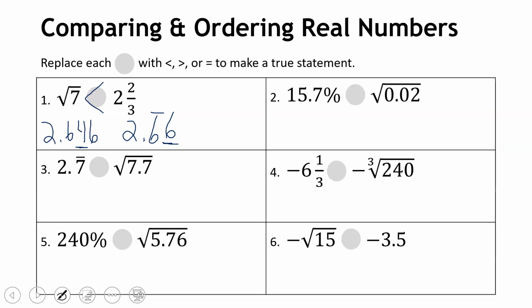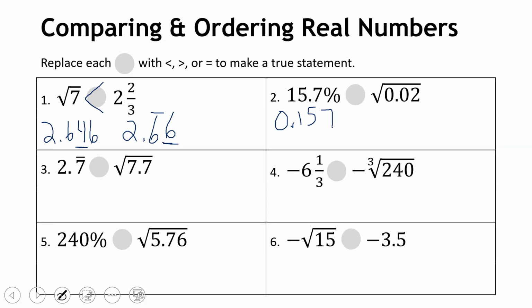Moving to number 2, to change a percent to a decimal, we simply divide by 100 or move our decimal point 2 places to the left. So 15 7/10% is equal to 157 thousandths. We'll need to use our calculators to calculate the square root of 200ths.